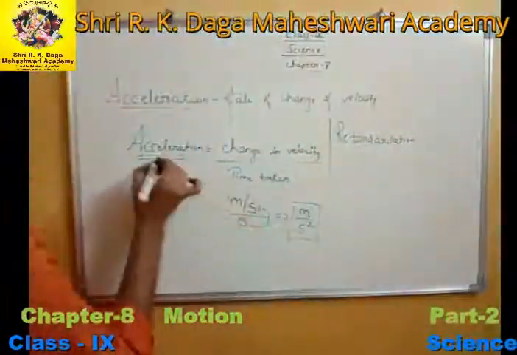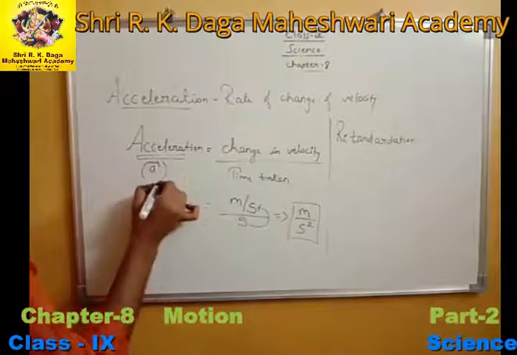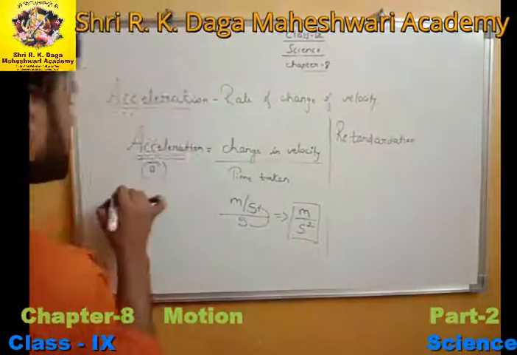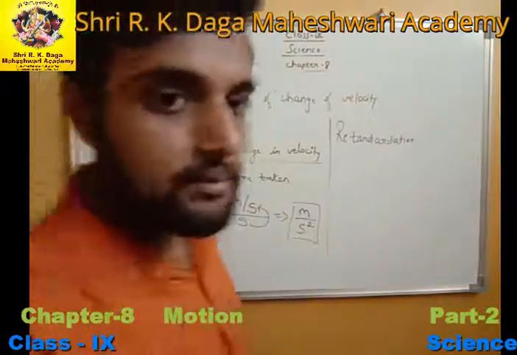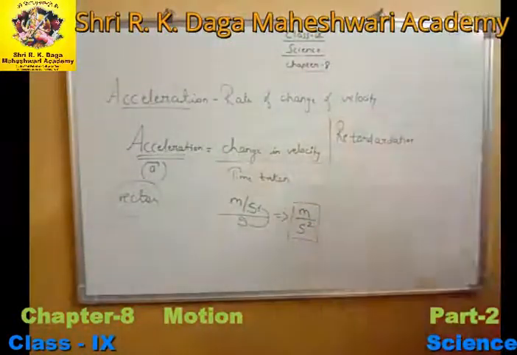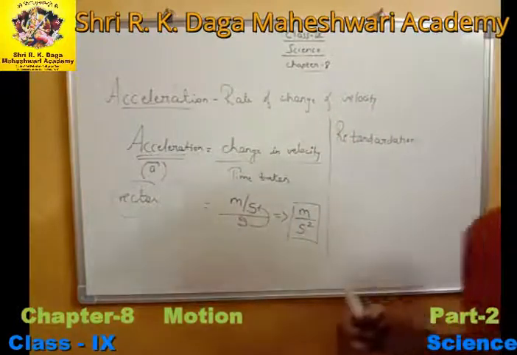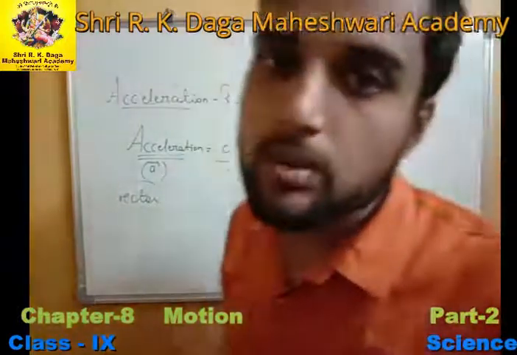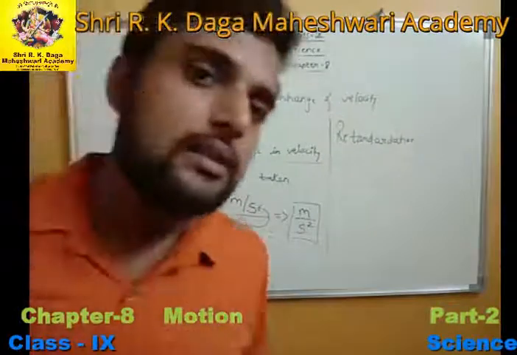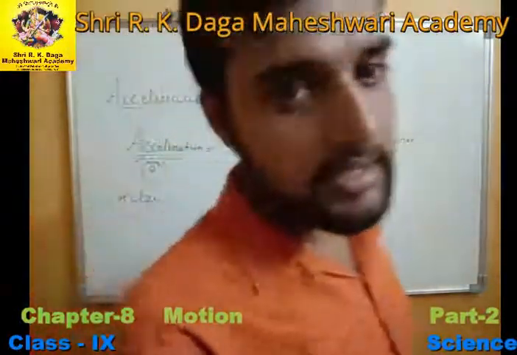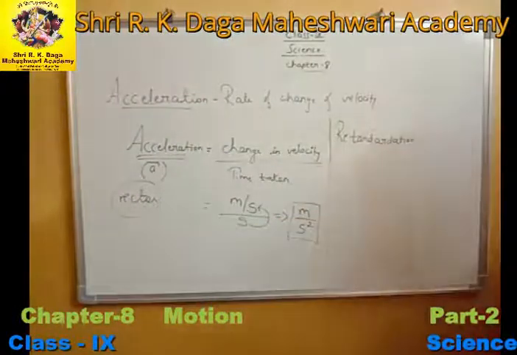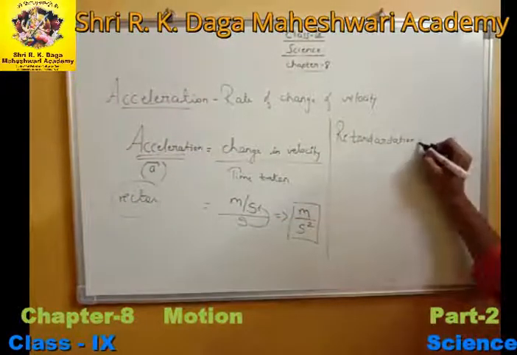Achha, one thing: acceleration is denoted by a. It is a vector quantity. Okay, we have to take care of direction whenever we are talking about displacement. Similarly, what will be the retardation? Retardation is just the opposite of acceleration. The only difference is that in acceleration the velocity of the object gets increased, and in retardation the velocity of the object gets decreased.